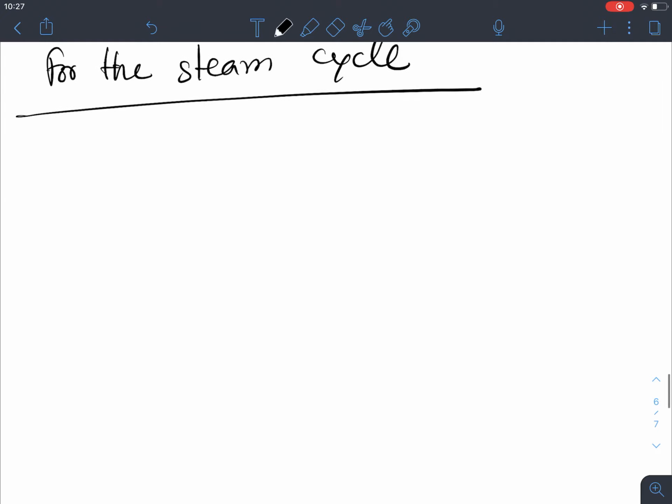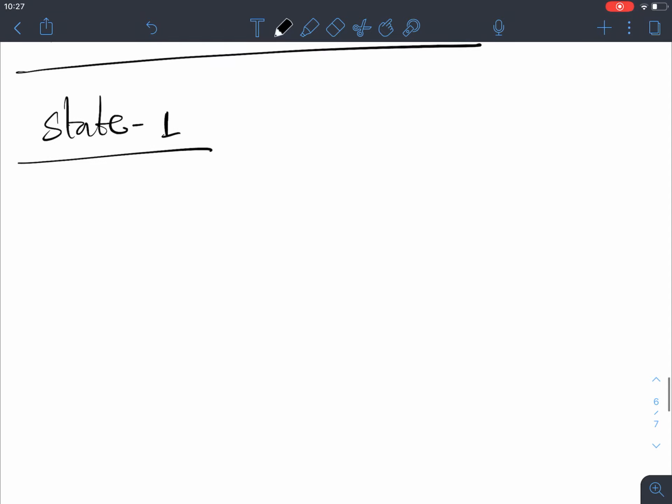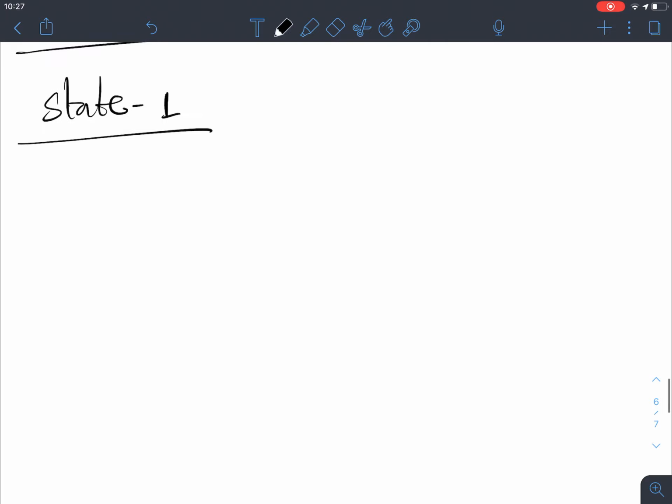if we start from point 1, or state 1, what information do we have been given? At state 1, we have the pressure equals 15 kilopascal.